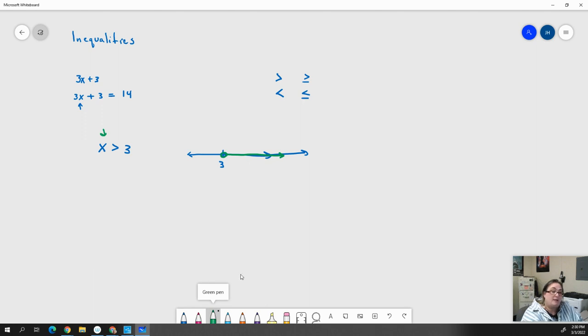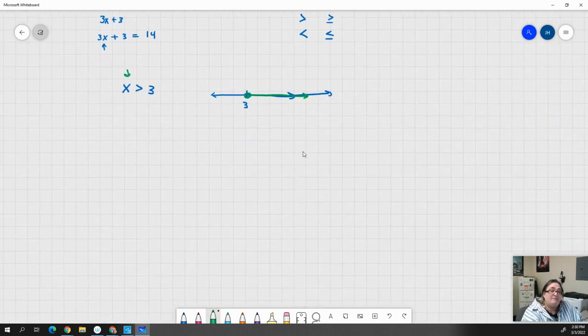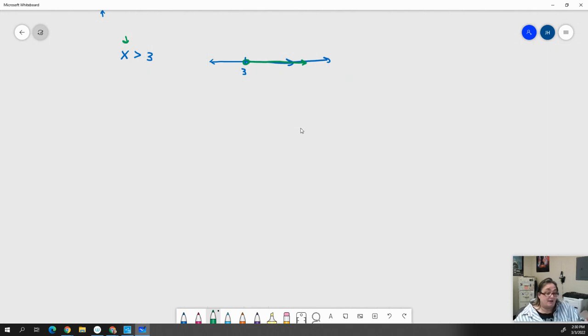Couple of rules when we're talking about inequalities. Anytime we're dealing with inequalities, we kind of have to graph them. Sort of like the rule of inequalities. So let's look at rules for inequalities. Rule number one.